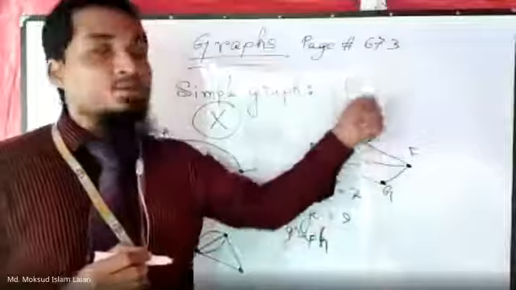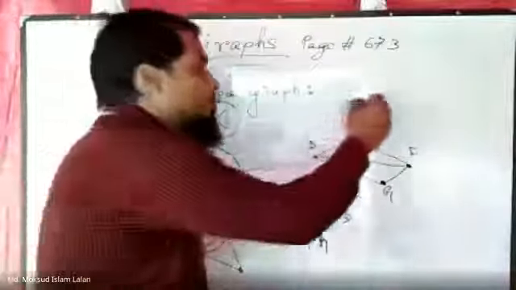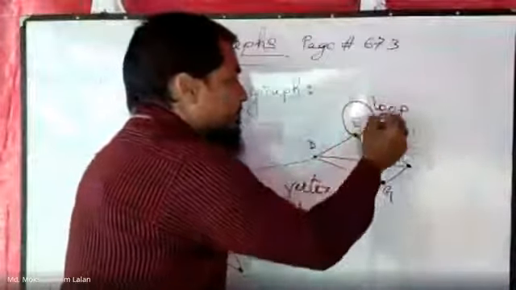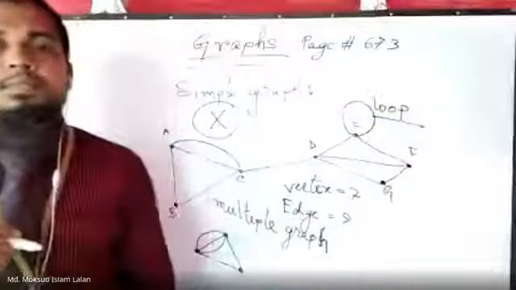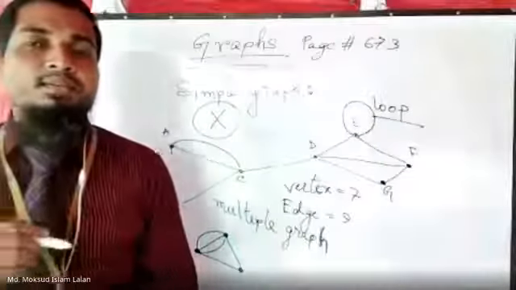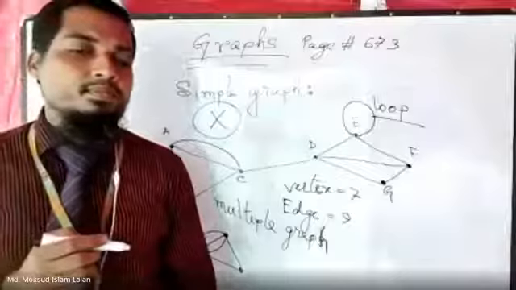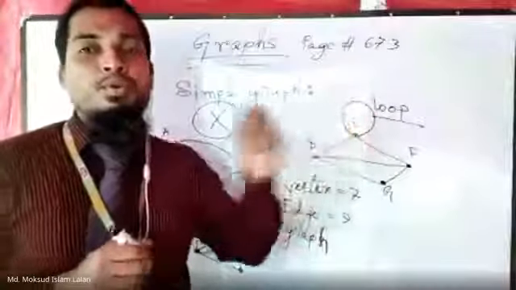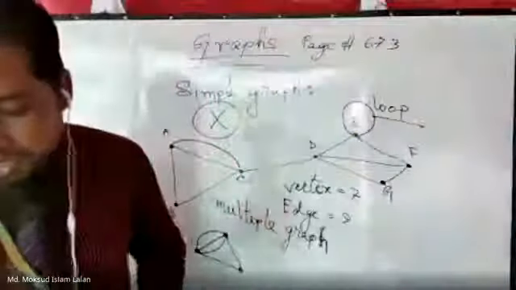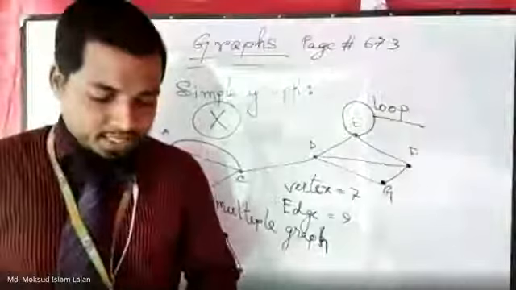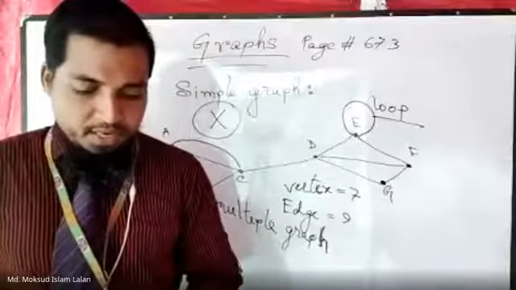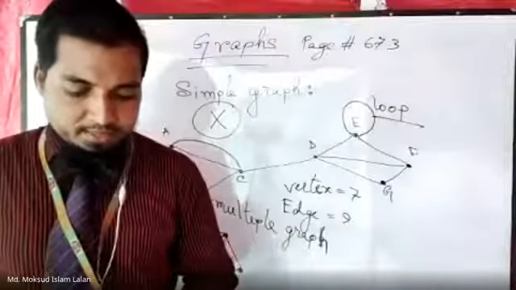Similarly, E connecting with E is called a loop. Is it clear? Yes, sir. It is called a loop. Okay, please keep a note. All these are very easy things.